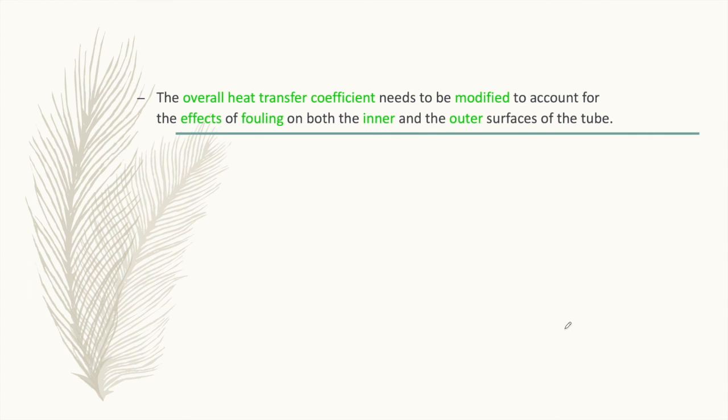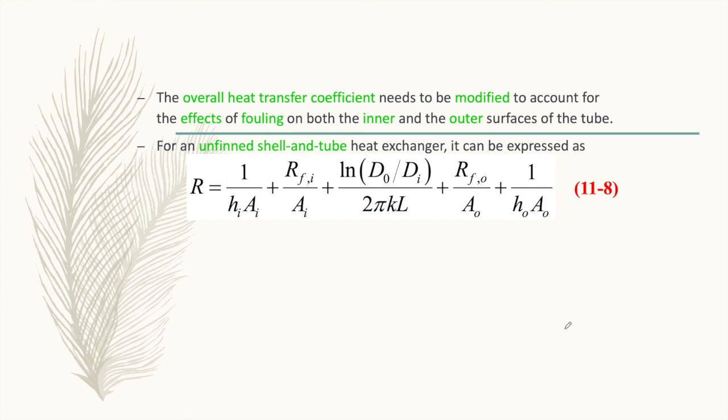So the overall heat transfer coefficient needs to be modified to account for the effects of fouling on both inner and outer surfaces of the tubes. For the unfinned shell and tube heat exchanger, it can be expressed as follows. We know that R total without fouling is 1 over HI plus ln D and so on. This is our previous equation without fouling.